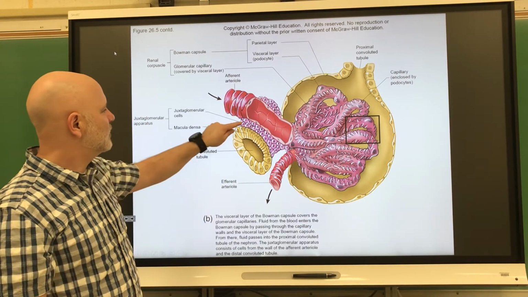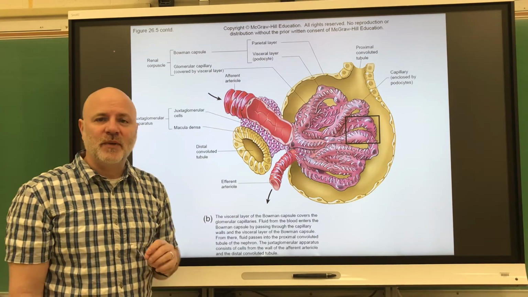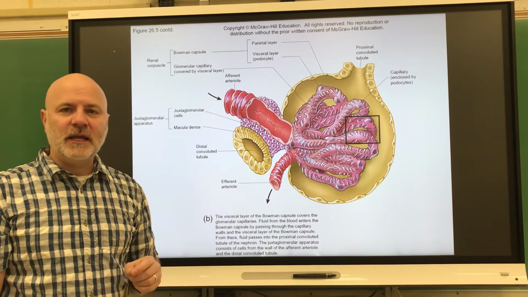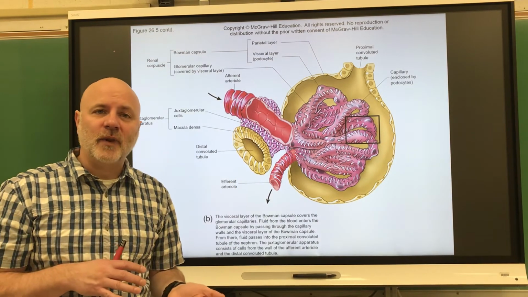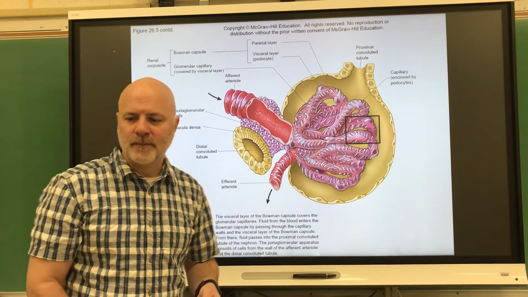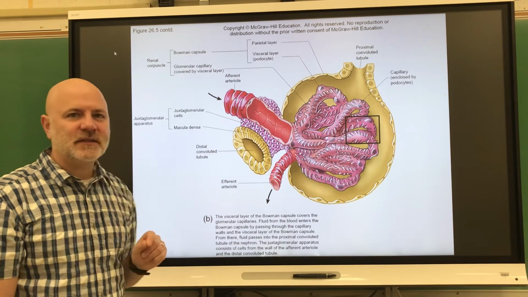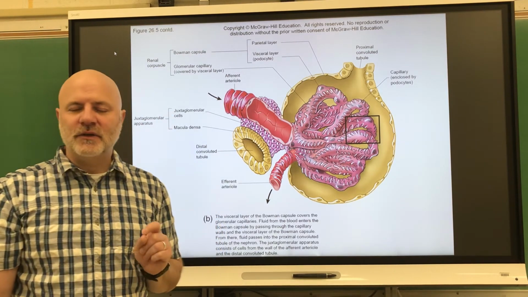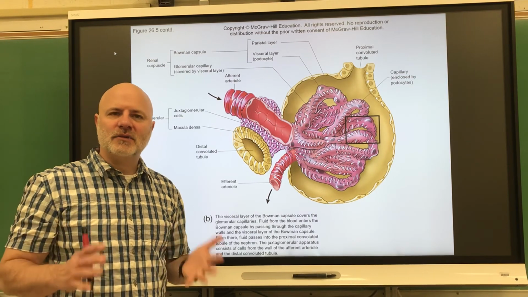There are two parts of this. We have the juxtaglomerular cells, and these are going to sense blood pressure in the afferent arteriole, and they're going to secrete renin, which, as I mentioned earlier, is going to increase blood pressure overall. Next are the macula densa. These are the macula densa cells there. These are going to respond to changes in the solute content of the filtrate. We'll talk about this later.